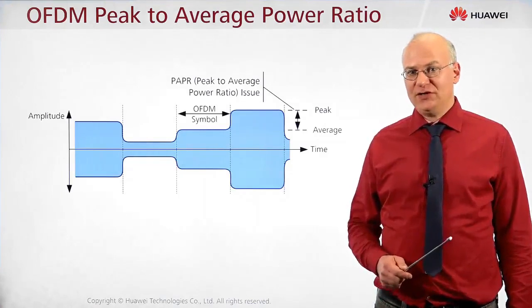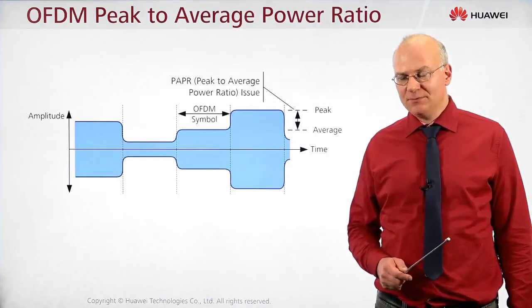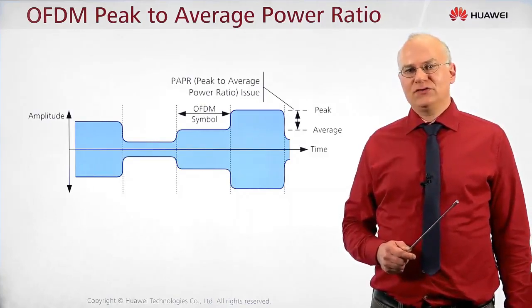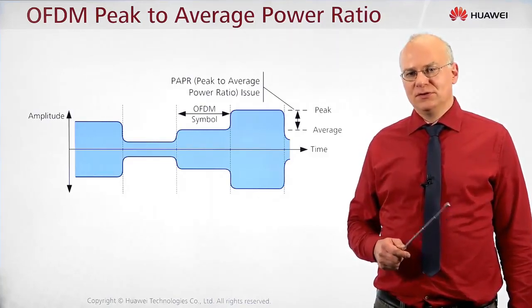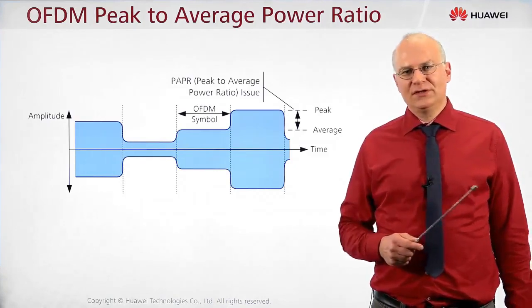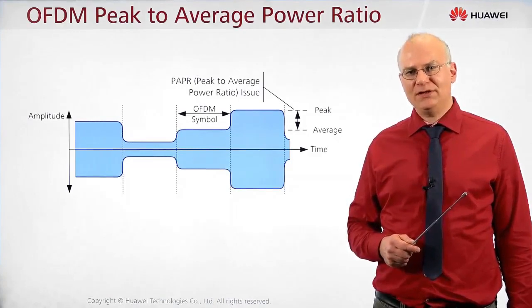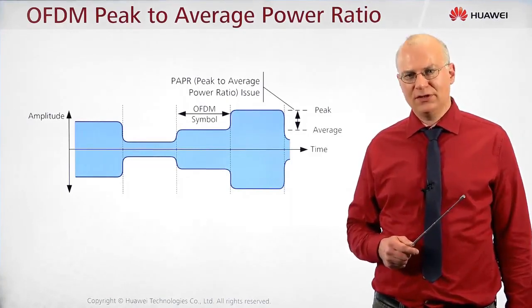This is a major challenge for the transmitter, and this is the reason why it was chosen to use a slightly different transmission scheme in the uplink compared to the downlink.